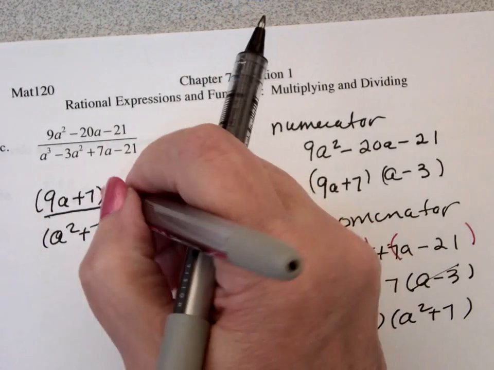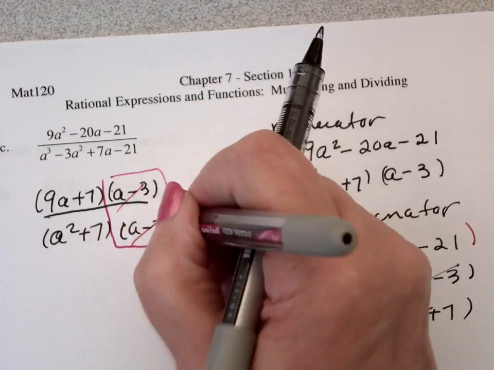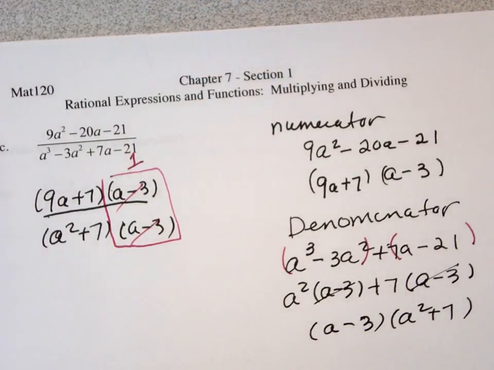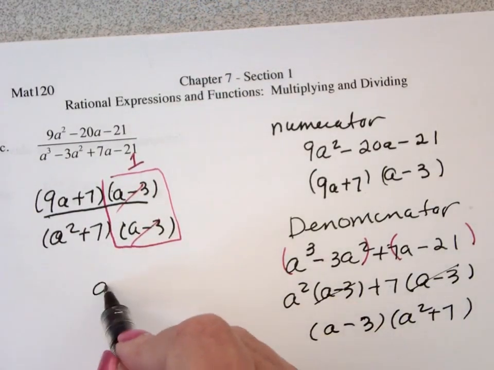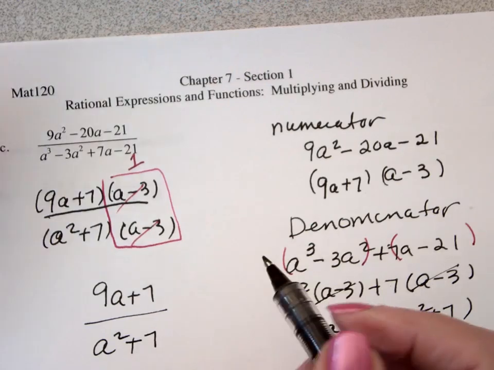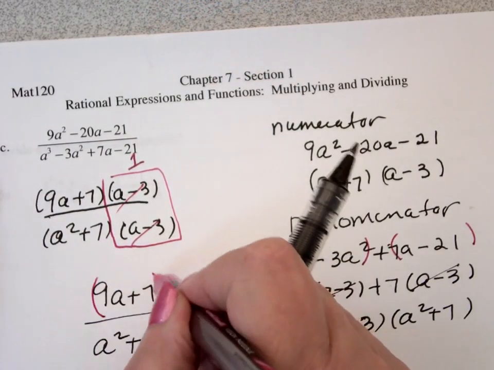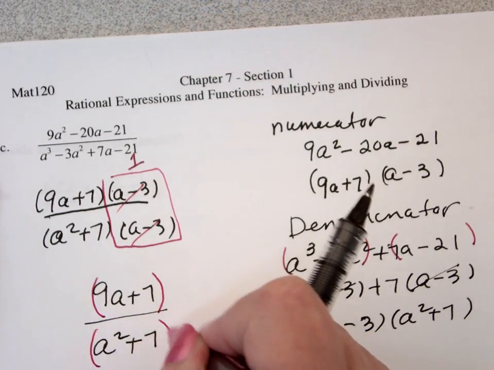Now you notice that the a minus 3's divide out. In other words, they form a 1. So your final answer ends up being 9a plus 7 over a squared plus 7. Now I can't reduce the 7's out, and the primary reason is that this is a grouping.